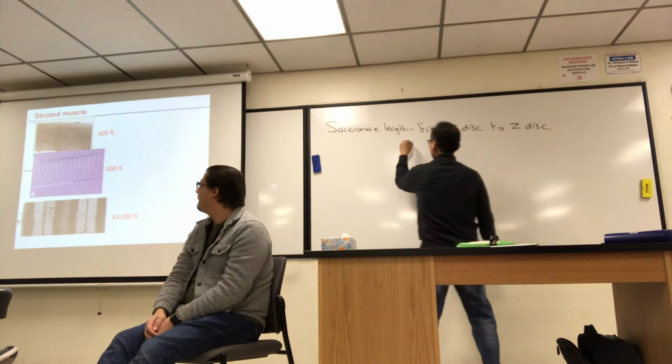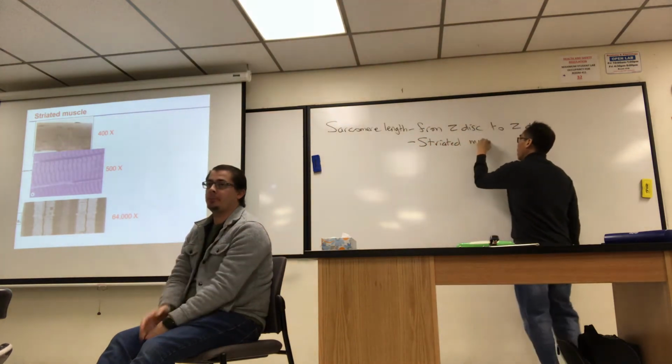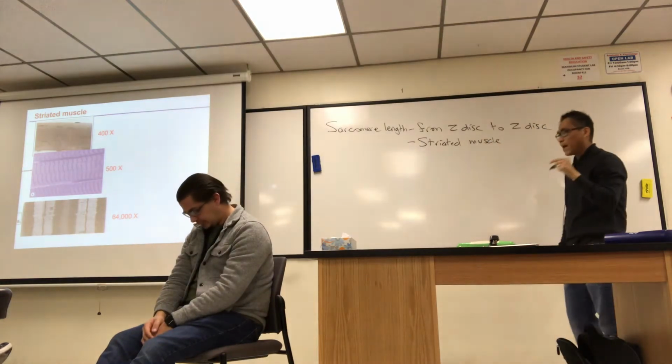So in striated muscle, you basically have light bands and dark bands.